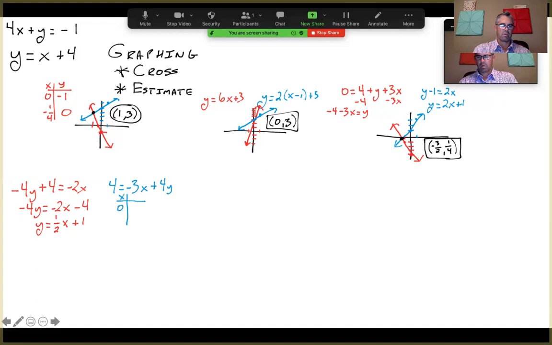So if x is 0, then y would be 1. If y was 0, then x would be negative 4/3. Okay. So now I'll go to graph these.